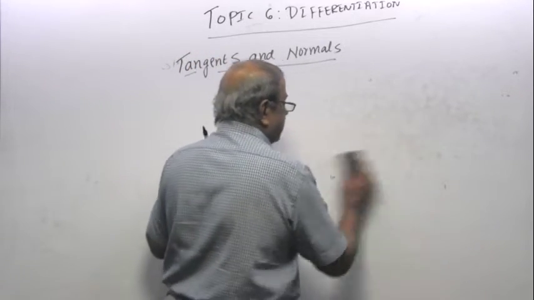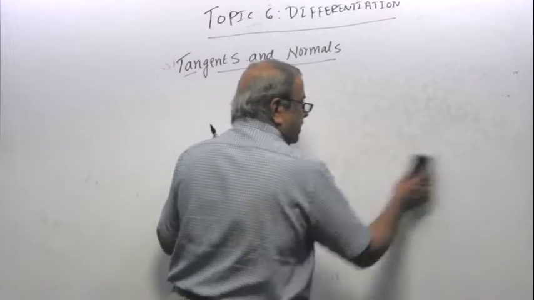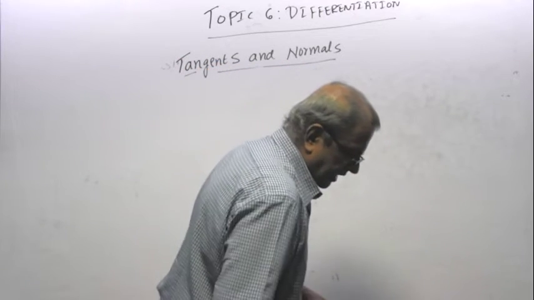It's possible depending upon the shape of the curve. So don't be under the impression from your GCSE that tangent means it cuts only in one point, but not necessarily in a curve.